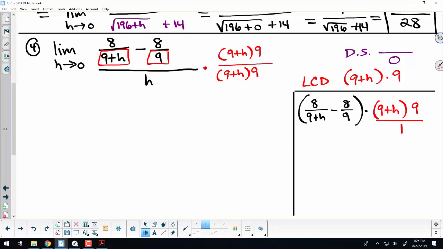So we're distributing this factor into here and here. And so what do we get when we do that?